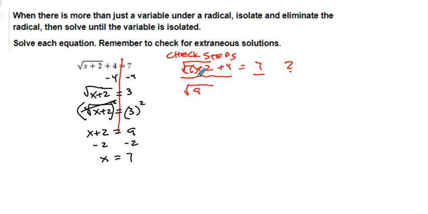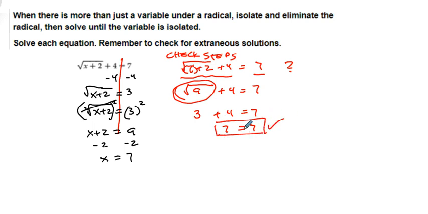You can just drop those parentheses and add those up. And then we copy down the 4. Now let's simplify this next. That becomes 3 plus 4 equals 7. And then 7 does equal 7, and that's a good thing. So this checks out.